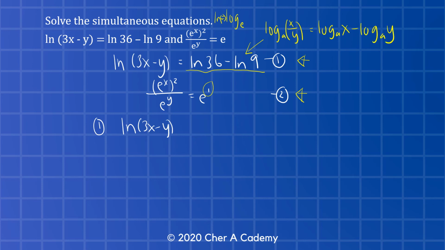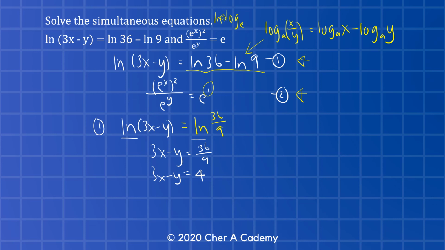So to put them together, I will have ln 36 over 9. Since both of them are the same log, same base, that means my 3x minus y is equal to 36 over 9, which is 3x minus y equals 4.